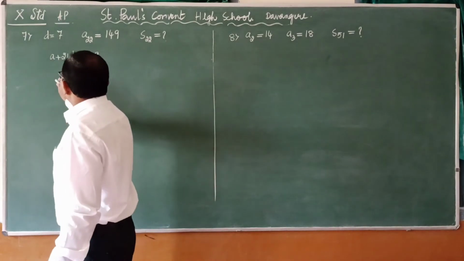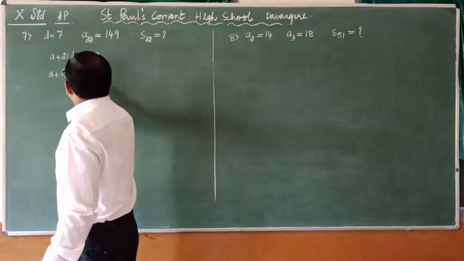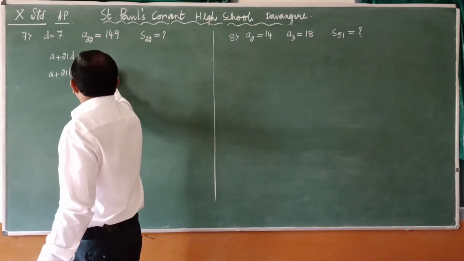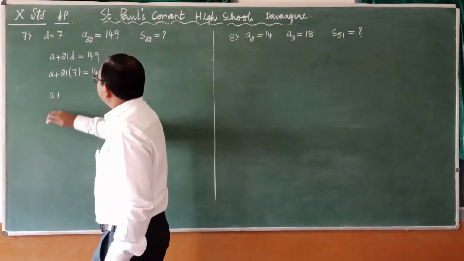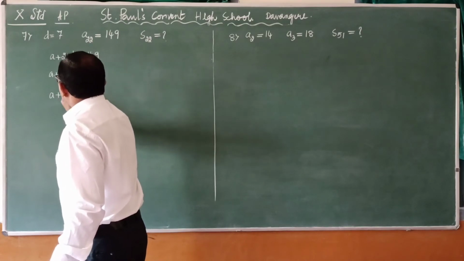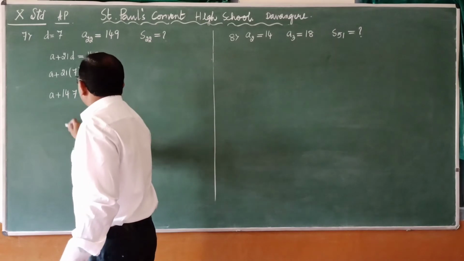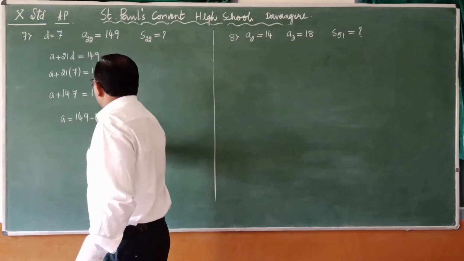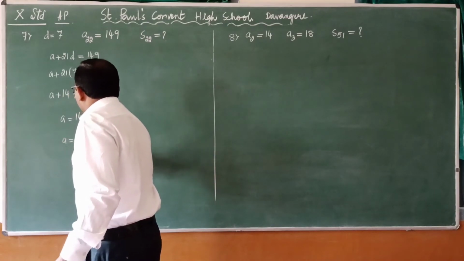We do not know a. a plus 21 into d, where d is 7, will be equal to 149. On simplification, 21 sevens are 147, so a plus 147 equals 149. a will be equal to 149 minus 147 on transposition. a will be equal to 2.